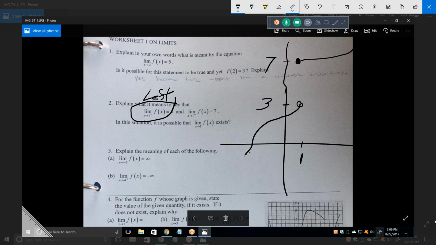If I approach the number 1 from the left, I'm headed towards an f of x value of 3. But if I approach the number 1 from the right, I'm approaching the number 7.